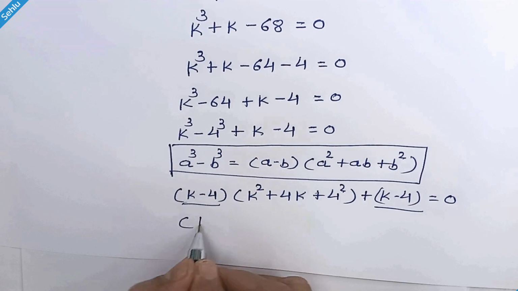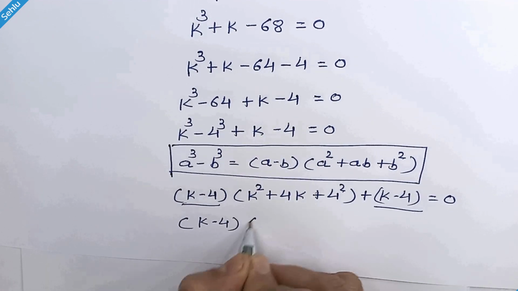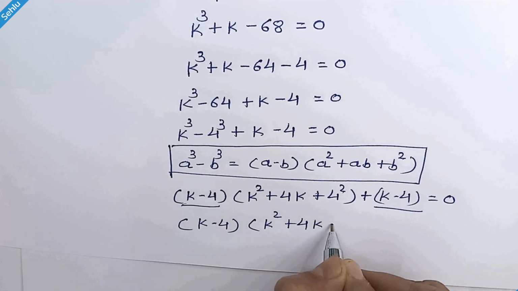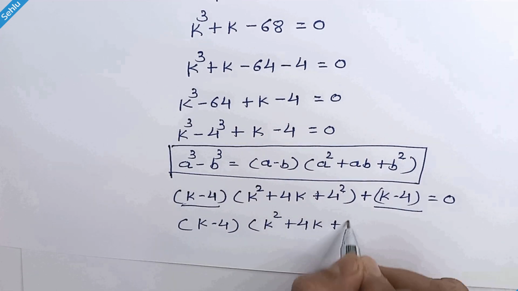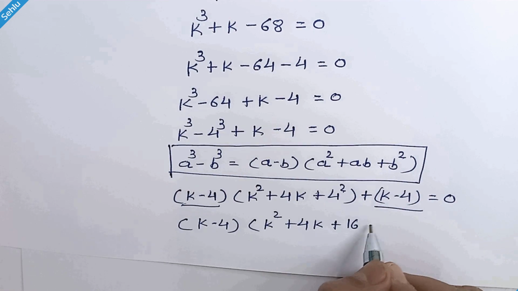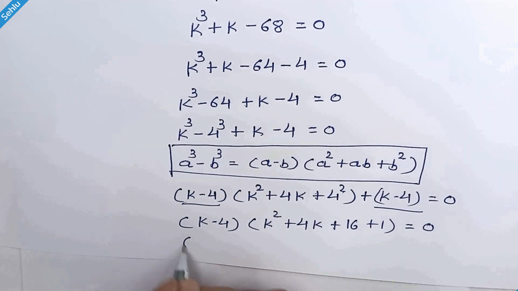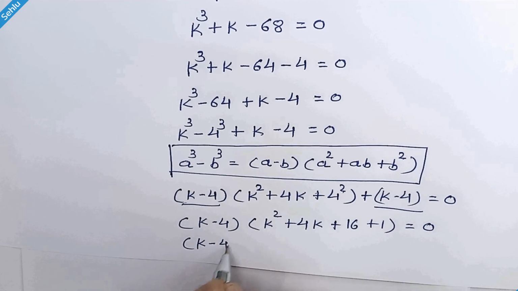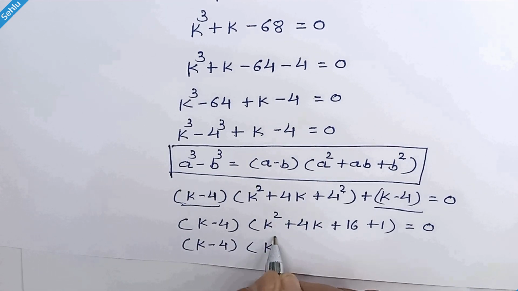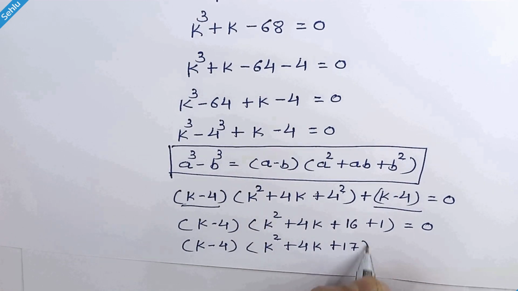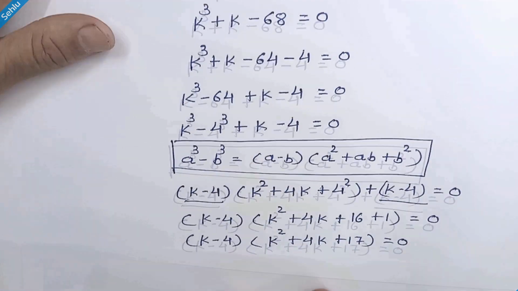So it will be (k − 4)(k² + 4k + 4² is 16, and here we have 1, so we have plus 1) is equal to 0. So the equation will be (k − 4)(k² + 4k + 17) = 0.